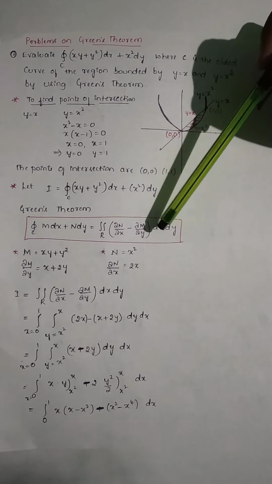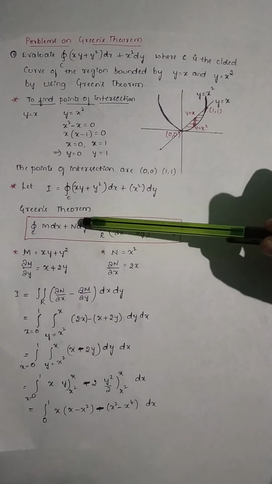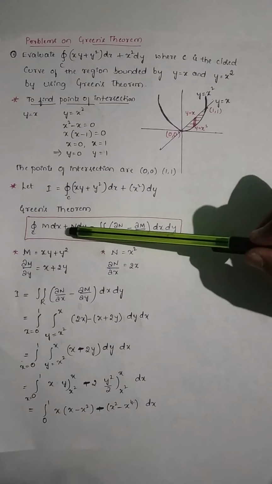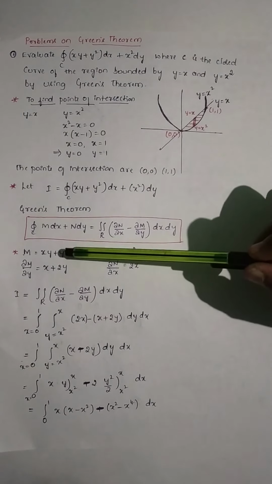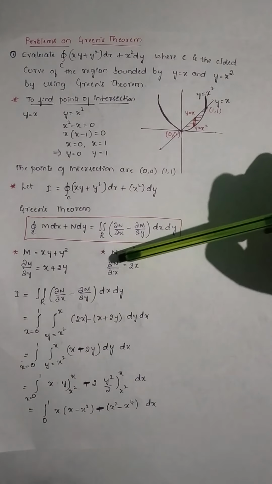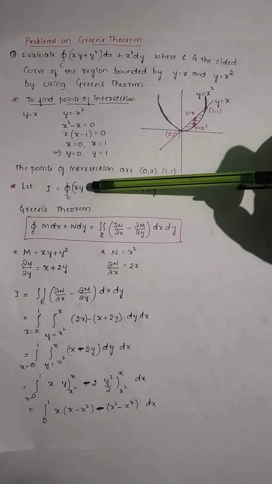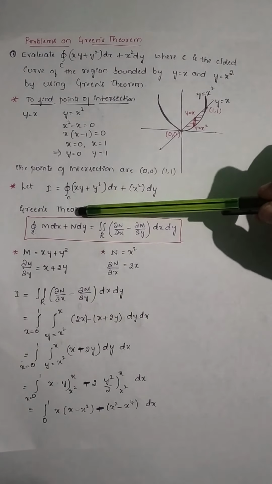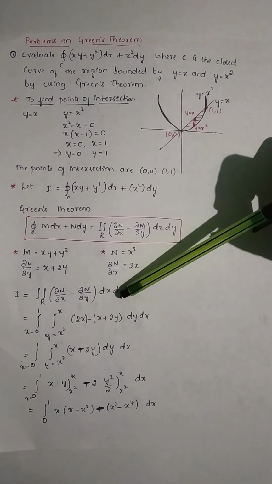Now you can easily identify that the given integral is in the form of the LHS of Green's theorem, M dx + N dy, where M = xy + y² and N = x². So we write this LHS equal to the RHS of Green's theorem.